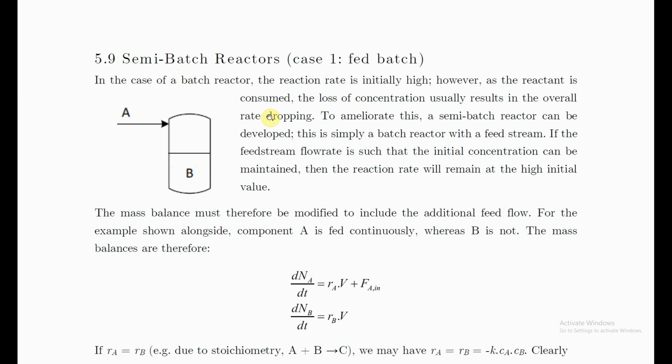If you have one batch reactor and your species are just reacting away all the time, why can't we just add a stream that tries to restore the concentration of our reactant? So we could do what we call semi-batch operation. You can add one stream in, and you could keep feeding reactant in, and so you could maintain a good high reaction rate here. So you would get a good productivity and in fact a good reaction rate.